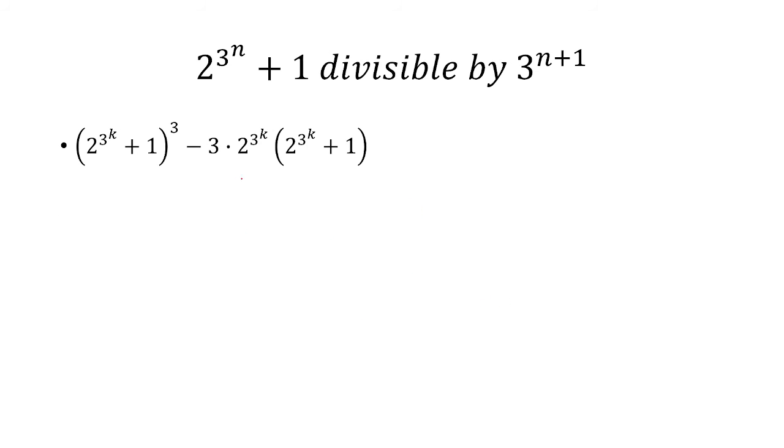Now, looking at this further, we know that this was divisible by 3 to the k plus 1 by the inductive step. And then this is also divisible by 3 to the k plus 1, because we have a factor of this, which we said was divisible by 3 to the k plus 1 using the inductive step.